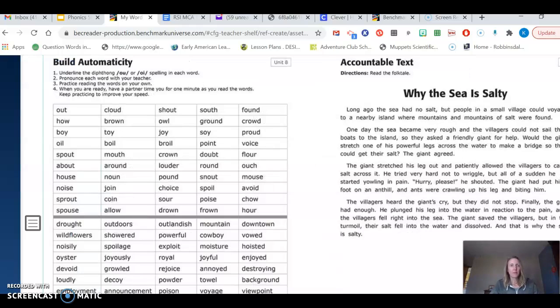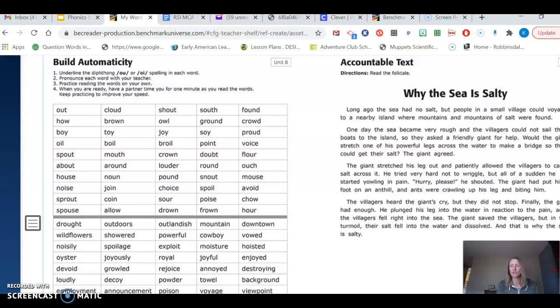So remember the diphthongs that we're focusing in on are OU and OI. In a diphthong, two vowels in the same syllable, each make a separate sound. That very first word on the list is out. You might, if you're alone, say that out loud.